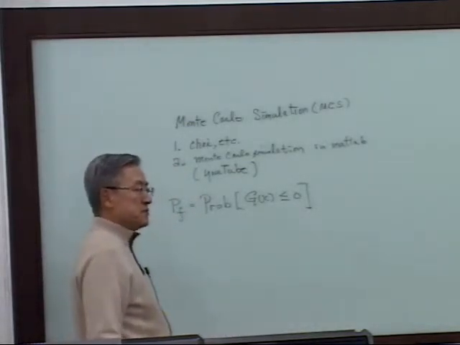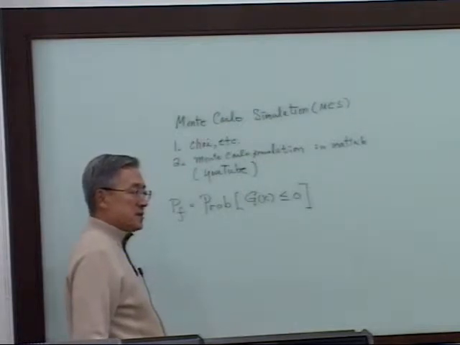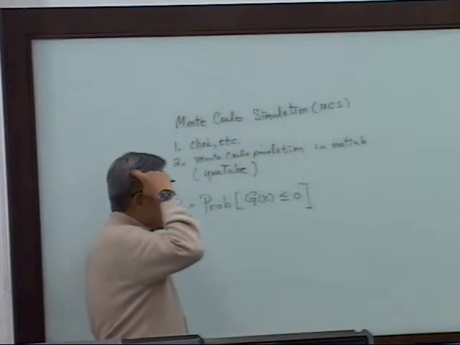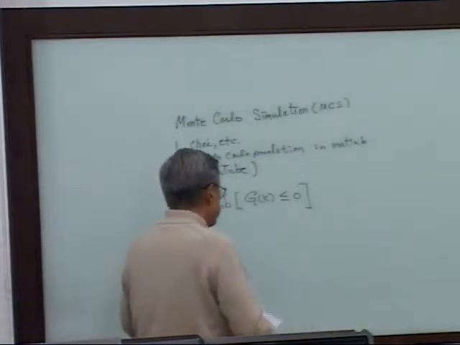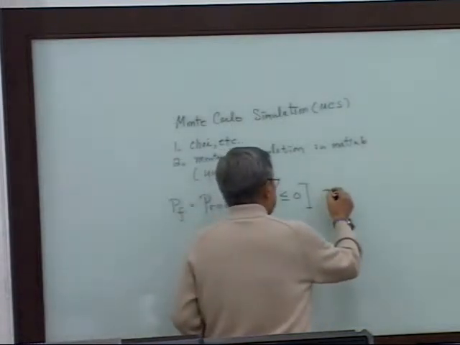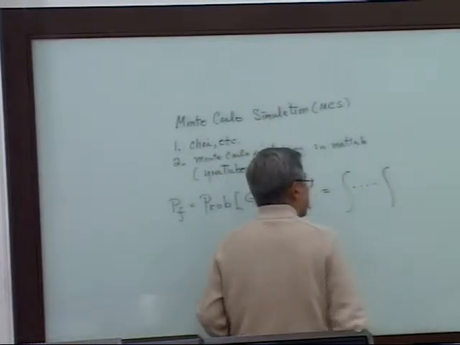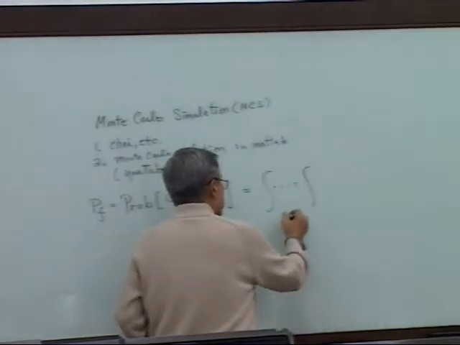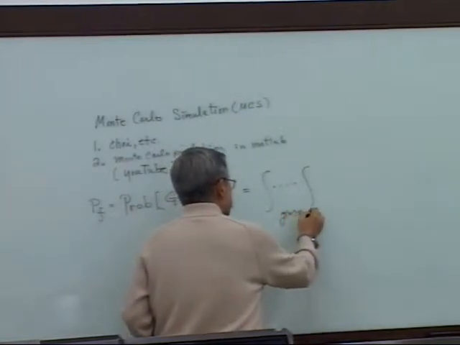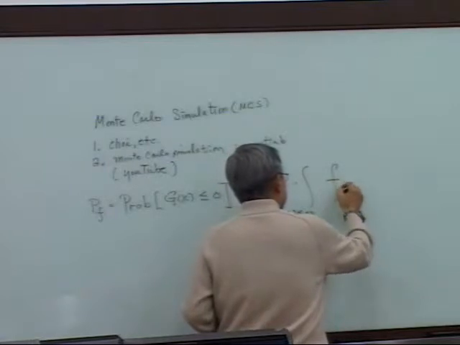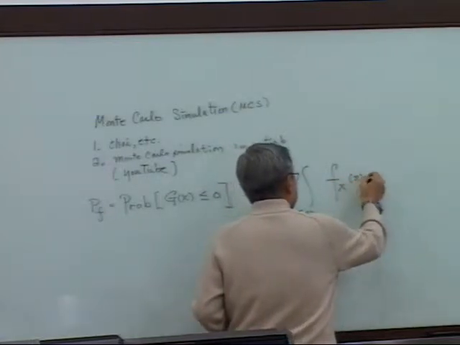When the performance function is less than or equal to 0, then we are getting into the failure region. And this is like a multiple integration, over g(x) less than or equal to 0, of f(x) dx.